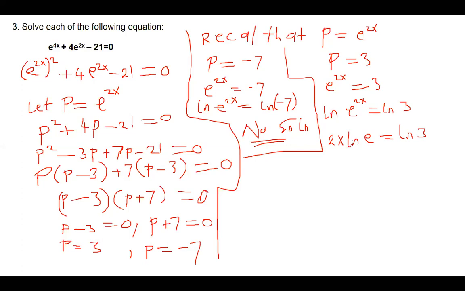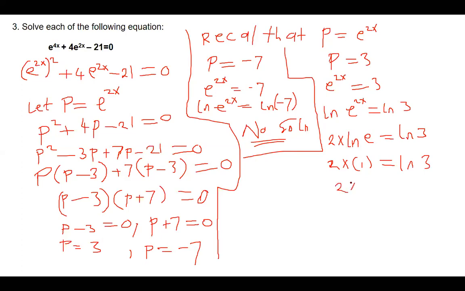So this ln e is equal to 1, because this ln is a special logarithm with the base e. So meaning it's a log with base e, and then ln e base e is equal to 1. So what we have is our 2x times 1 is equal to ln 3.